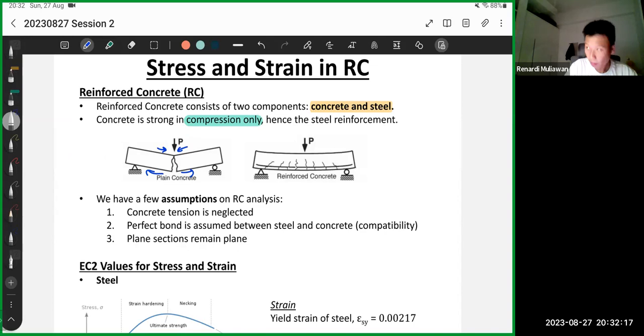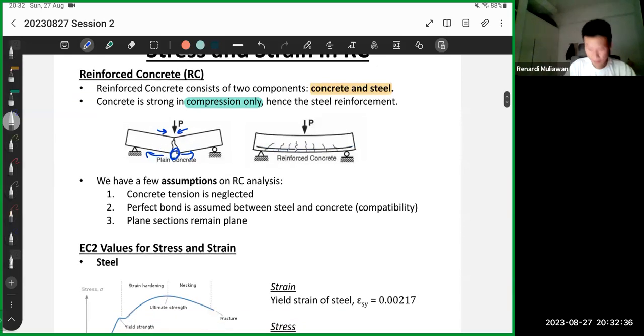So what we do is we add steel. Instead of breaking directly, the steel will hold the concrete together. It will resist the pulling action. That's why we add steel to concrete.